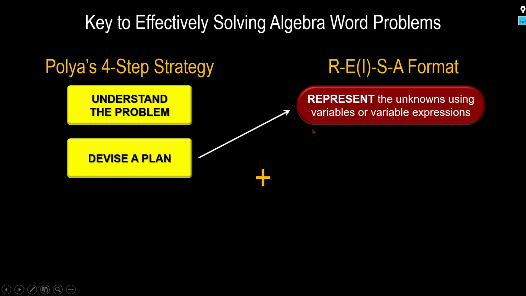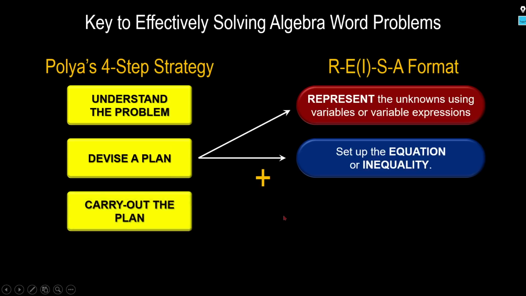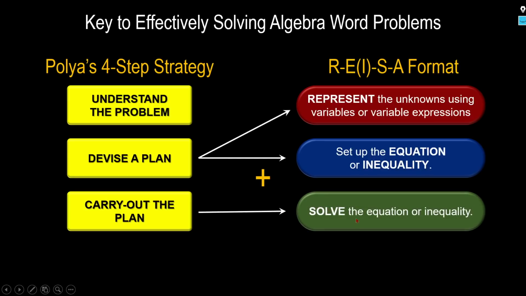Again, you already engaged the material in the asynchronous materials. And also, no, setting up your equation or inequality is part of devising your plan. That is, of course, if you opt to go to that direction, the use of that particular heuristic, solving an equation or an inequality. Now, the next stage in Polya's strategy, of course, is carrying out the plan, and under the RESA or RISA format, this is where we solve our equation or inequality.